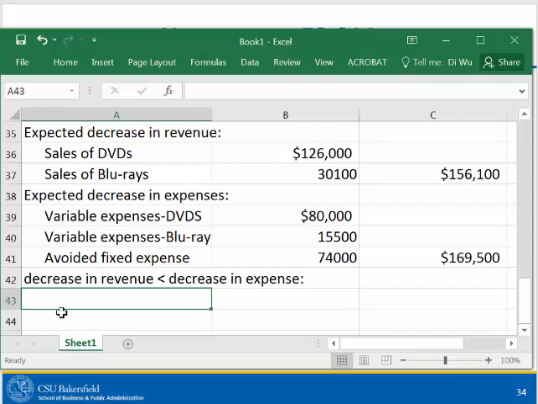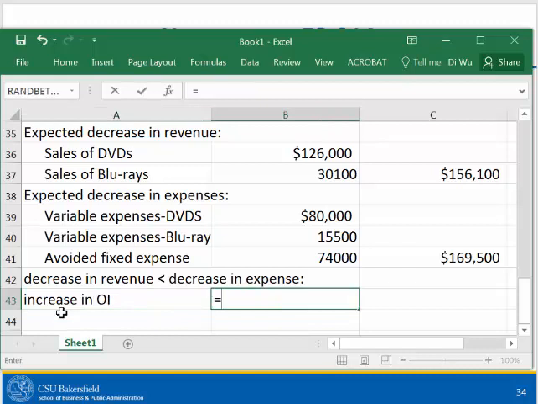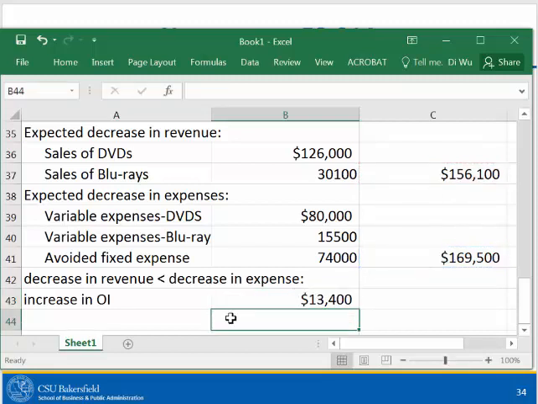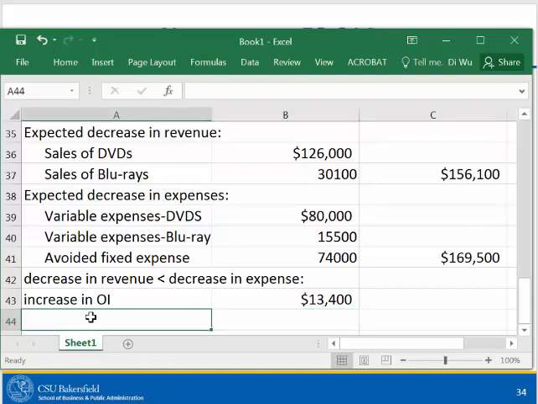The effect is that you will see an increase in operating income, by 169,500 minus 156,100, which is 13,400. So the decision will be yes: drop the DVDs.